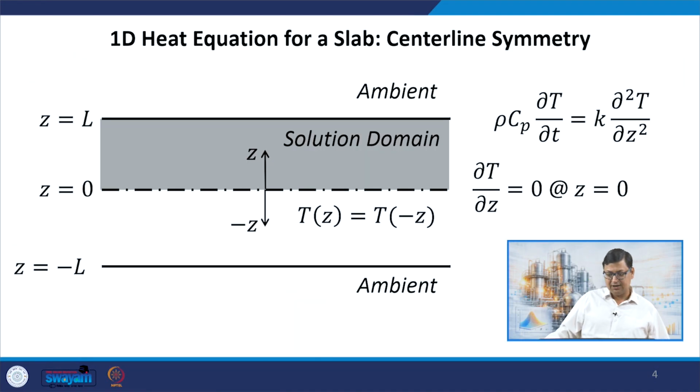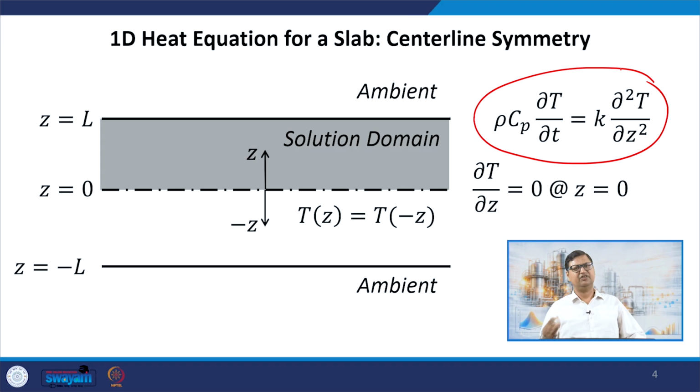So, now let me look at this slab, and now we need some boundary conditions in order to solve this partial differential equation that is already simplified, because now we only care about the z direction. Of course, there is the time derivative on the left hand side and the second derivative in the z direction that has appeared on the right hand side, right. And now we need conditions to solve this equation. How many conditions do we need?